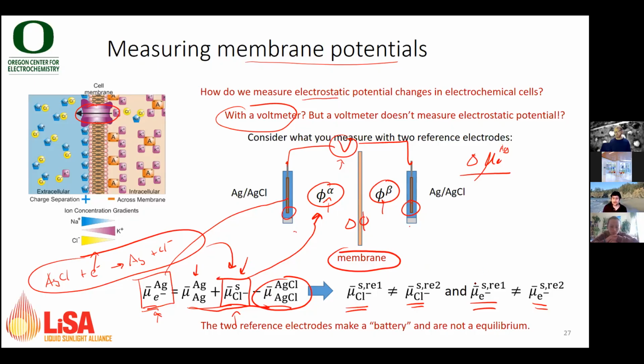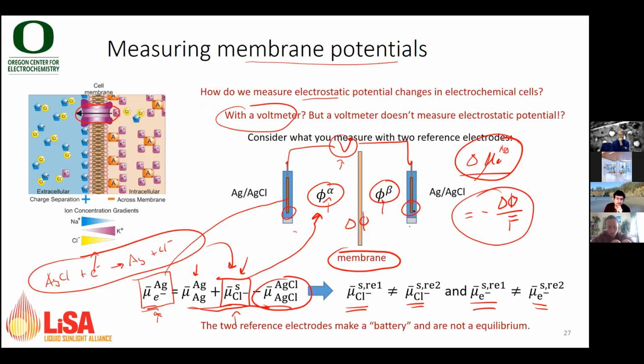And you can work out that this difference is exactly equal to delta phi over F, probably with a negative. So you actually measure delta phi over F, or delta phi, because it's in volts. The voltmeter doesn't measure free energy, it measures it in volts. But the free energy difference is entirely given by the electrostatic energy difference in this case, right?